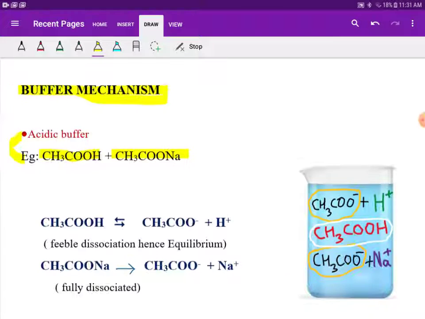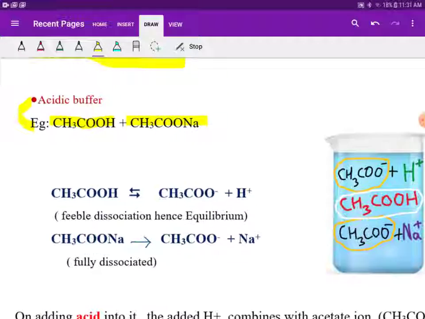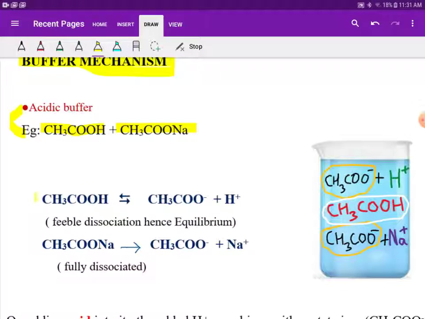In this buffer, as all of you know, acetic acid is a weak acid and it undergoes partial ionization to its ions, that is acetate ion and H plus ion, and it remains in equilibrium.